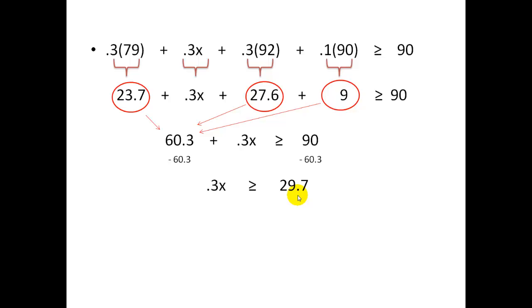I still want to isolate the x, so next I'm going to divide by 0.3 on both sides. And when I do that, I get x is greater than or equal to 99. So this tells me that I need to get a 99% on exam number 2 if I want to get an A in the course with the grades that I used in this example.